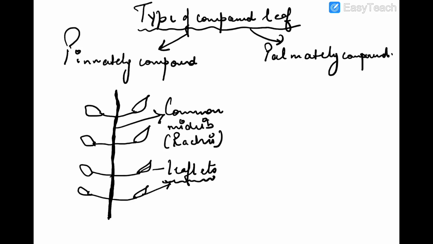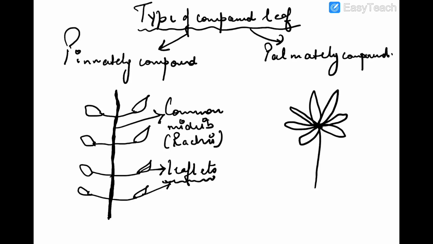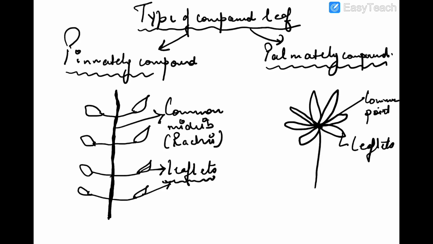So this leaf in which many leaflets are present on a common midrib or rachis is pinnately compound, whereas a leaf in which many leaflets arise from a common given point, that is, this is a common point from which many leaflets are arising, such type of leaf is known as palmately compound leaf. So these are two types of compound leaves.